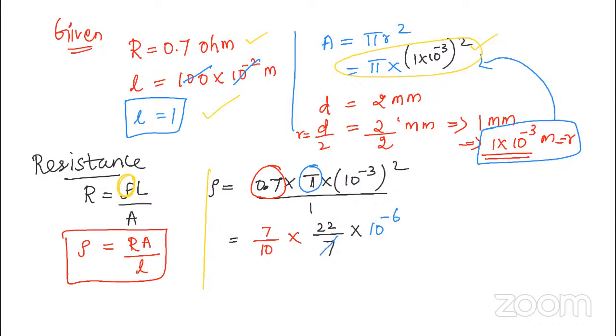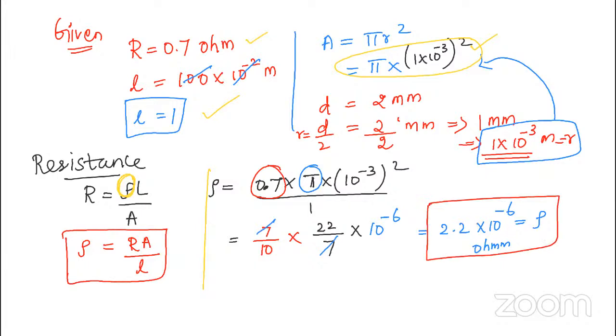So let us now cancel this one, and here 22 divided by 10 it is 2.2. Okay, 2.2 into 10 power of minus 6, and here it is the rho. So rho should be mentioned with the units, that is ohm meter. Okay, so this is the answer. So option B is the right one.